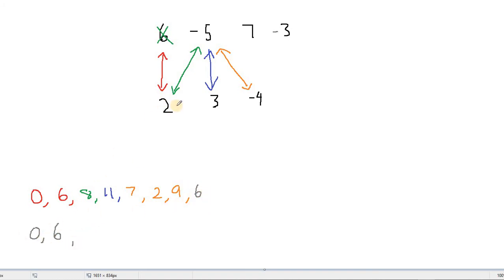So 0, 6. Taking 2 is still a fine choice, so that'll get you to 8. And then 3 is okay, so 11.